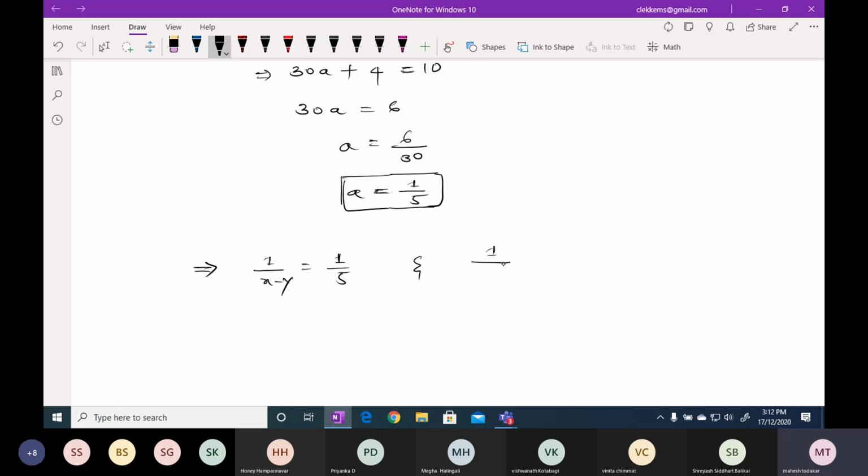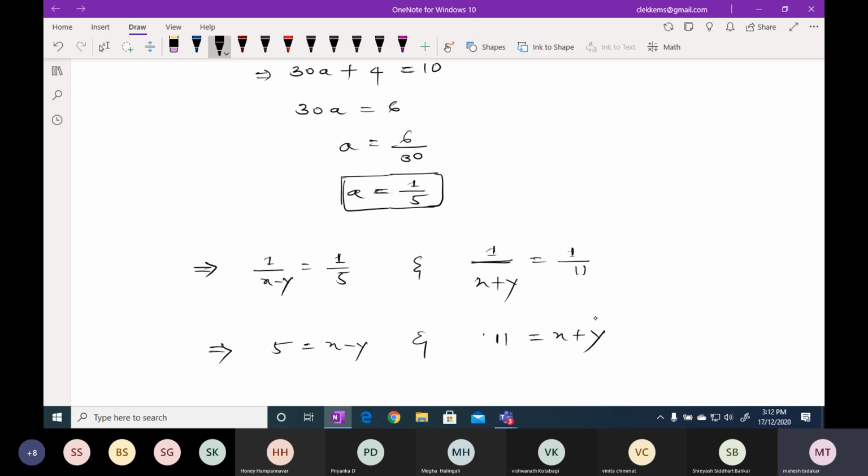And 1 by x plus y is equal to b, b value is 1 by 11. Now next cross multiply, it is 5 will come. Now this into this, it is x minus y and this is 11 as it is. Now this is x plus y.